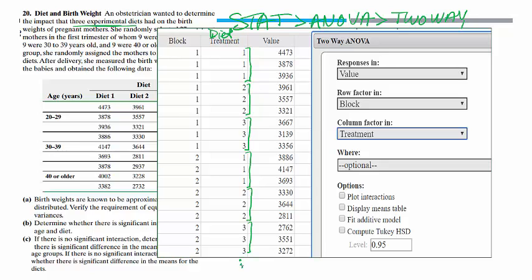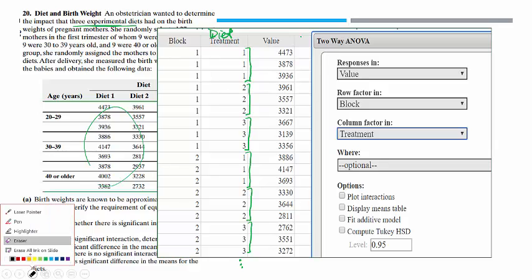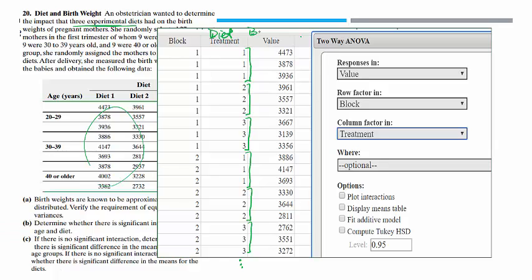And then the value: these numbers are the numbers in the table. Those numbers are the birth weights. Those numbers, or what StatCrunch is listing as value, are the birth weights.